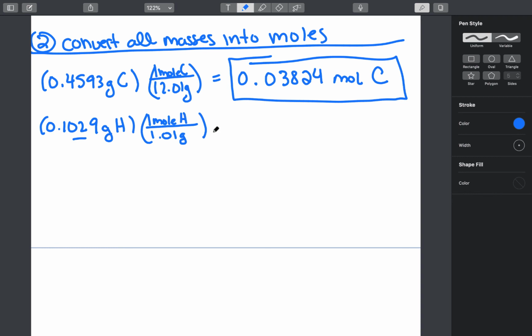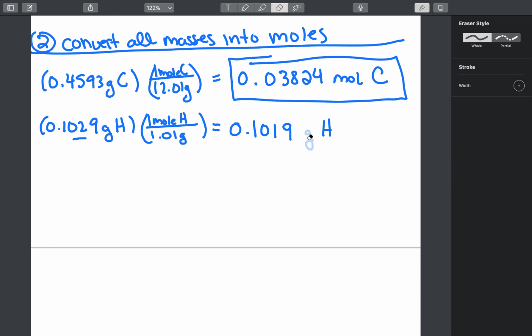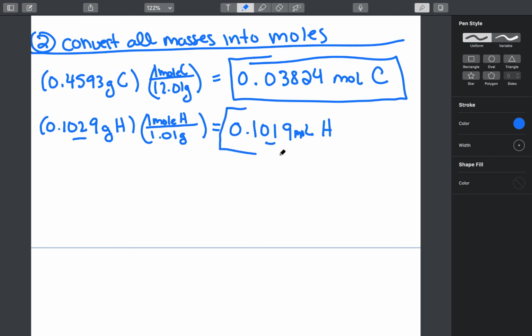So when you plug that in your calculator, you should get around 0.1019 moles of hydrogen. So let's change that too. Sorry about that. Did it a little too fast there. So let's underline that we should have 2 sig figs, just in case.